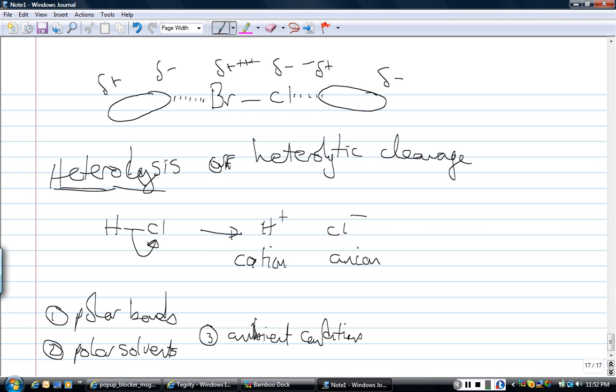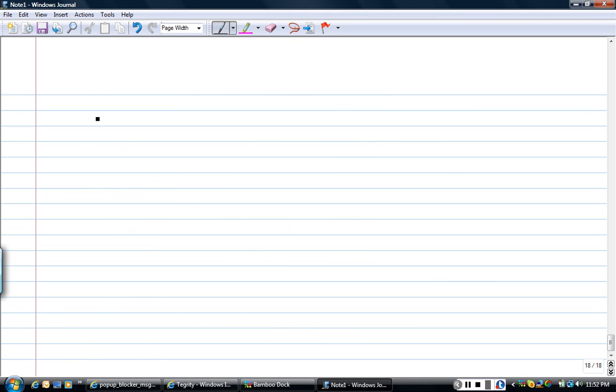It stands to reason, just very quickly then, that to get a carbocation, I would take, for example, RX, and I would break the bond to give R plus and X minus. That's one way you can get a carbocation.